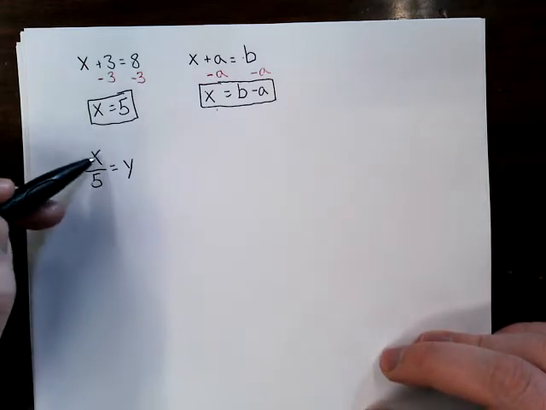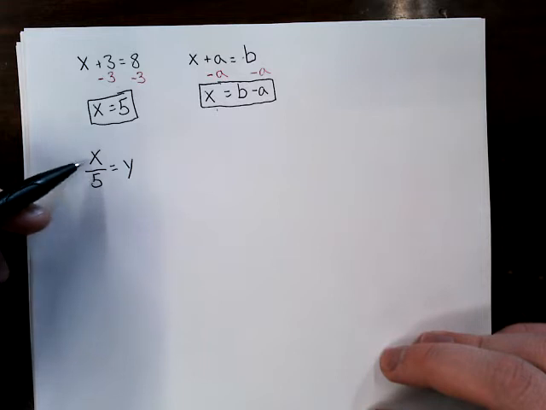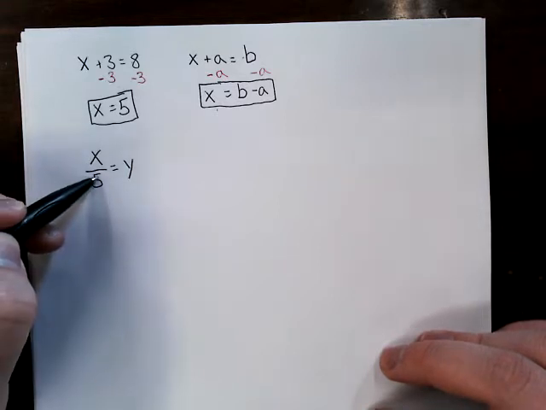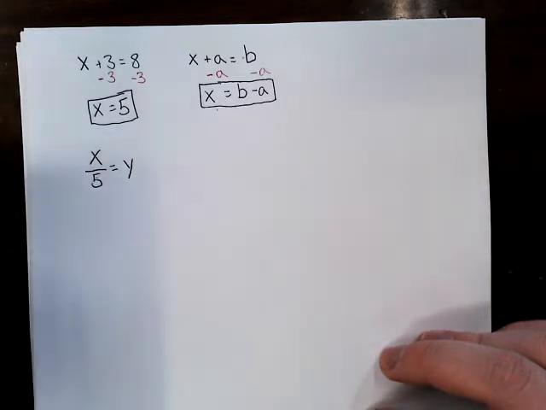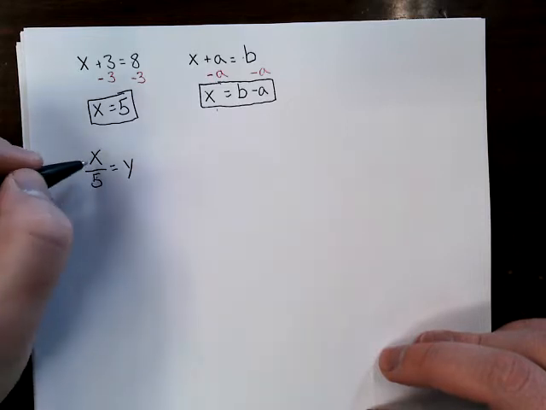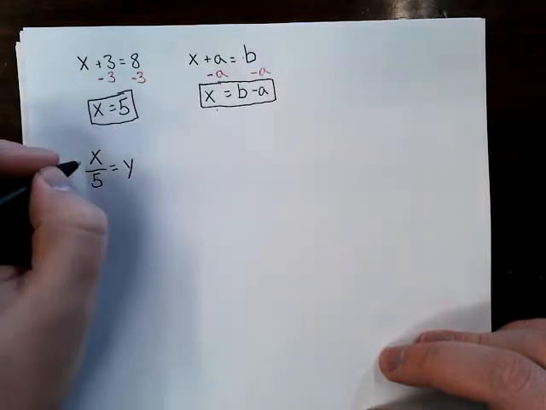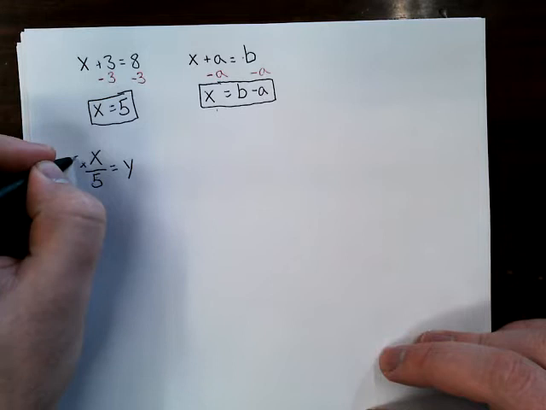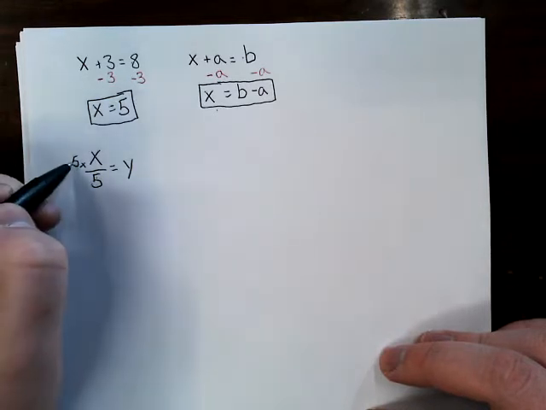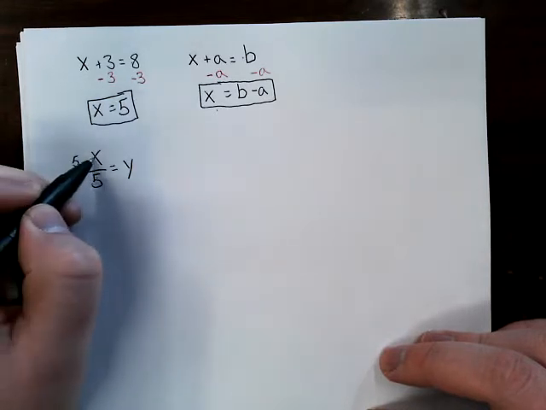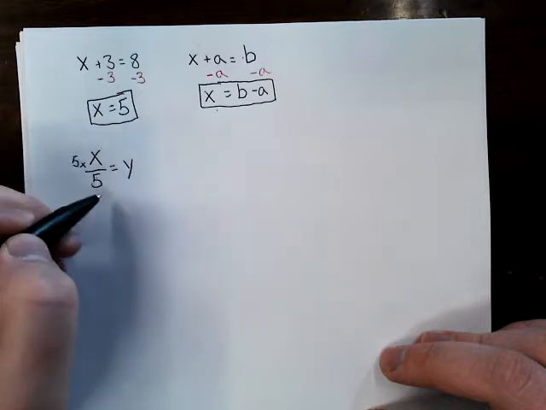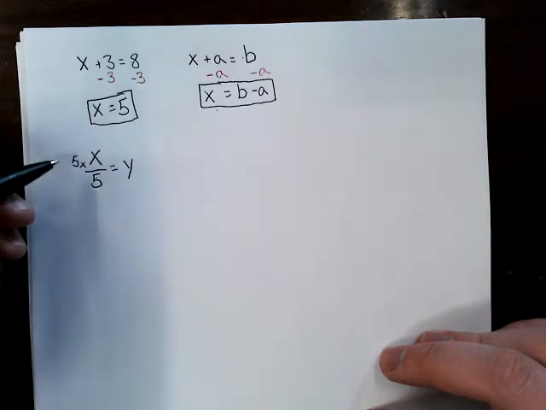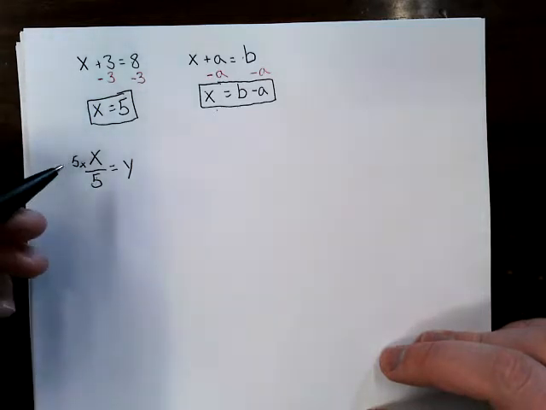Get x by itself. And we have this number here, right? If we divide something by 5, we could apply an opposite operation in order to solve for it. So the opposite of divide by 5 would be multiply by 5. So I'm going to multiply this side by 5, where we have 5 times x divided by 5, which is going to cancel out because 5 divided by 5 is going to give you 1.